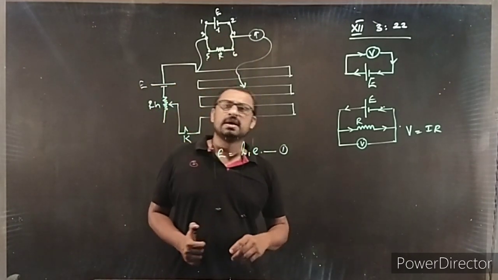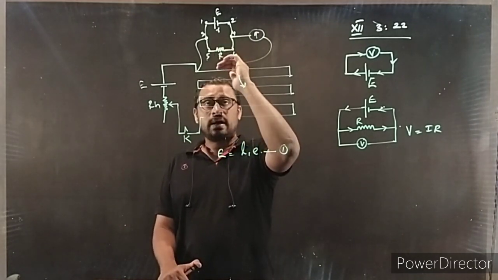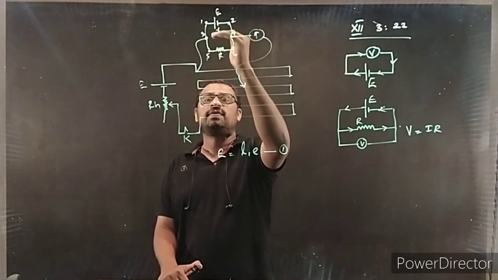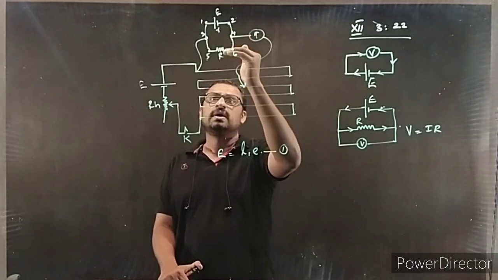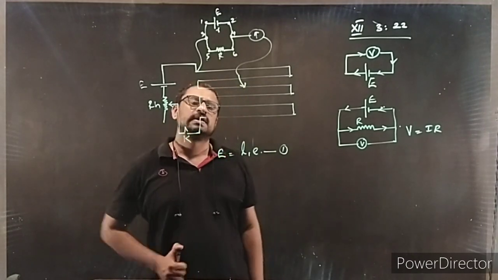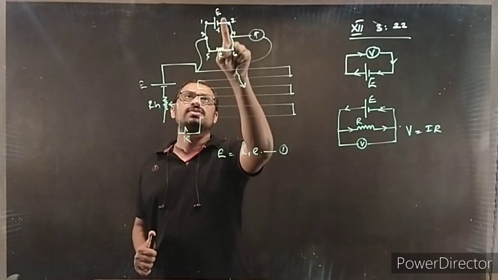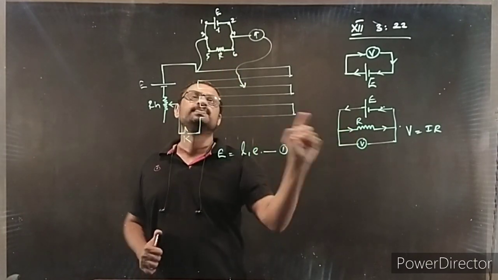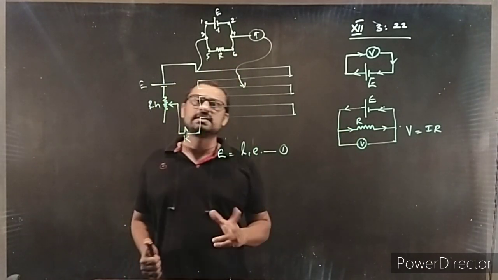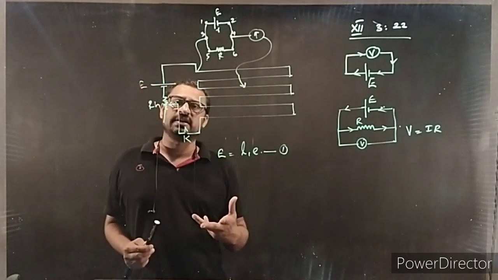When writing the exam, you have to say: maintain the EMF E in the circuit, and along with that connect between 3,5 and 4,6. So a parallel resistor is introduced in the circuit, where now the balancing will not be with EMF. The balancing will be with potential difference.